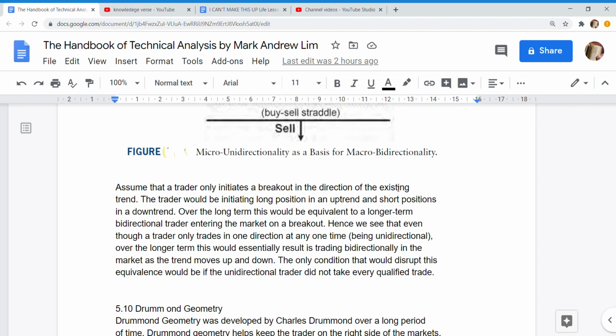The trader would be initiating long positions in an uptrend and short positions in a downtrend. Over the long term, this would be equivalent to a longer-term bidirectional trader entering the market on a breakout. Hence we see that even though a trader only trades in one direction at any one time, being unidirectional, over the longer term this would essentially result in trading bidirectionally in the market as the trend moves up and down. The only condition that would disrupt this equivalence would be if the unidirectional trader did not take every qualified trade.